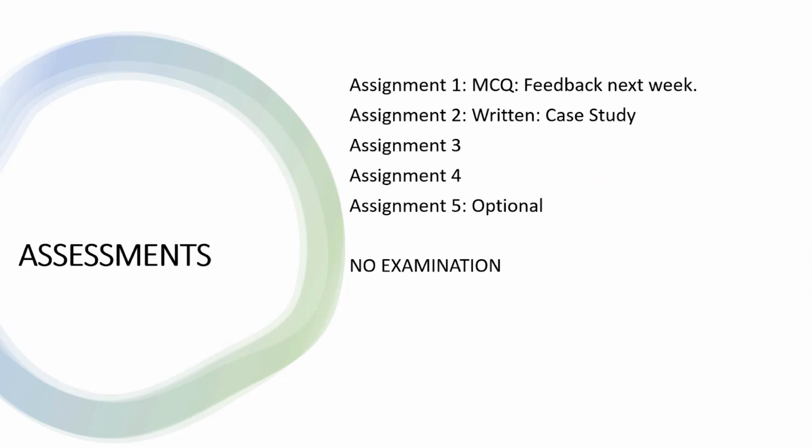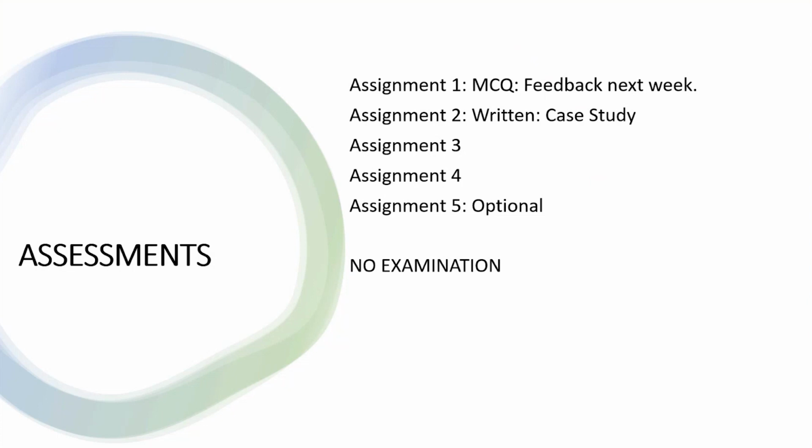Assignment 2 is a written assignment, and for this one, I gave you a case study. From this case study, you're going to answer the questions given. Assignment 3 will follow, as well as assignment 4.